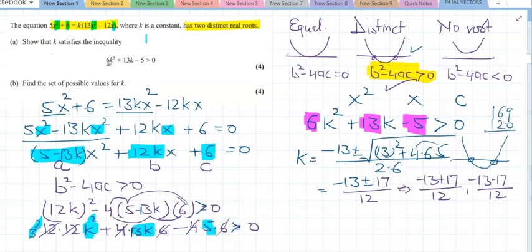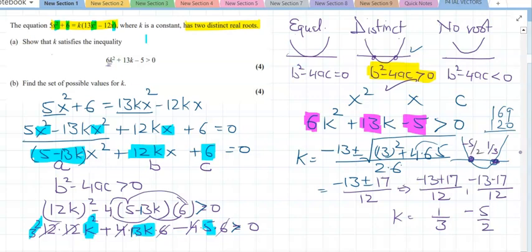This is 4 over 12, that is 1 over 3, and this is minus 30 over 12, 6 times 5 is 30, and 6 times 2 is 12, so minus 5 over 2. So the critical values of k are 1 over 3 and minus 5 over 2.